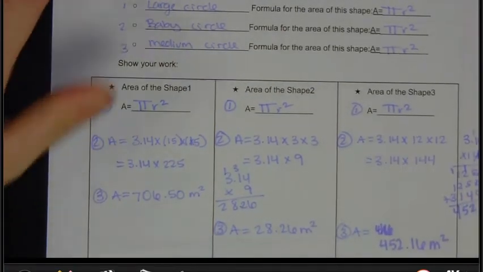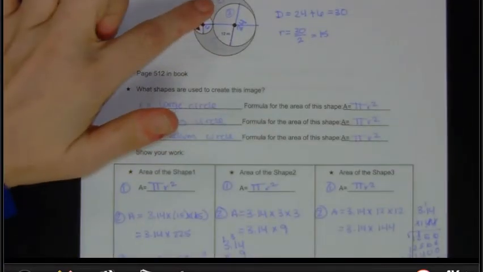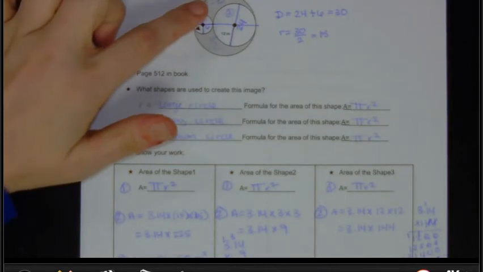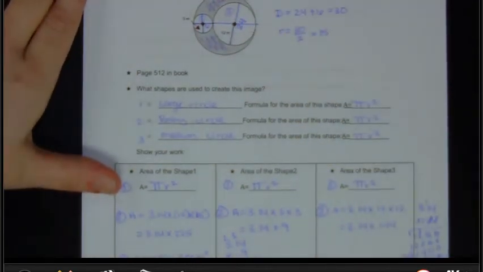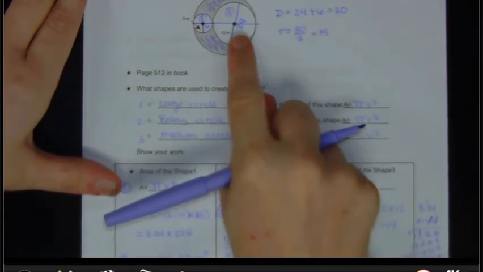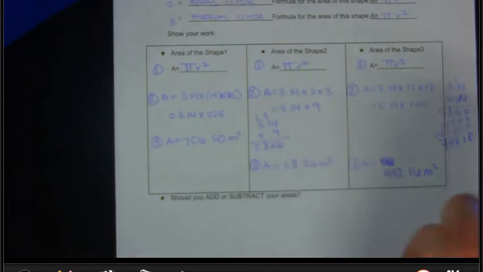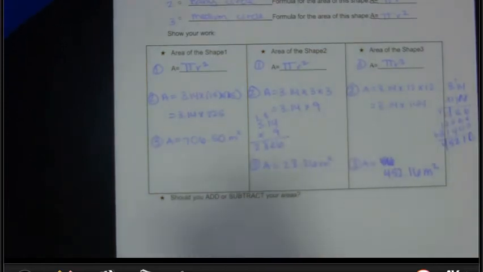Well, I'm not done here. Now I have the area of each individual circle. My question was asking me, what is the area of all of this shaded region? So what I need to do is take out the area of the medium and the baby circle. I'm going to do two things.